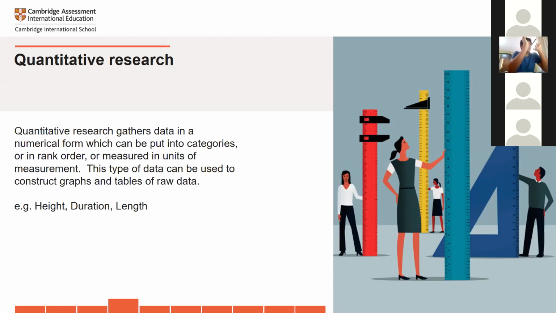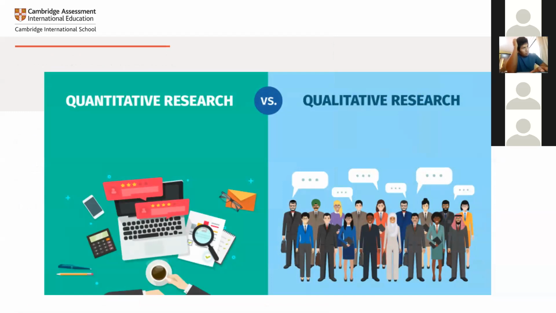Just for research. So in quantitative research, we have a lot to do, but it's mainly data, mainly numbers. In qualitative research, anyone can give their opinion. In quantitative, you do not want that because it's too much work, too much effort.